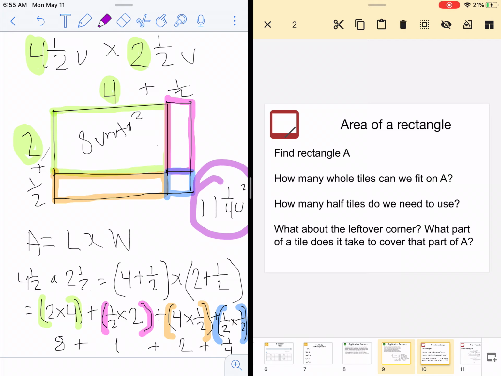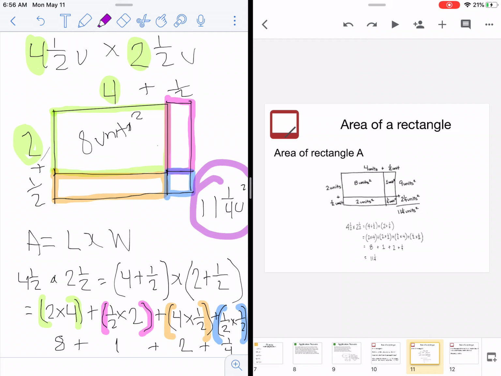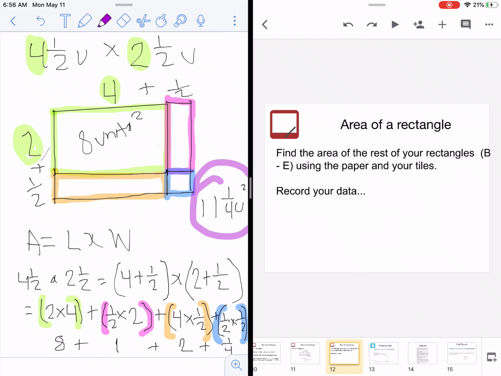So let's do another one. Let's see what they did here. There we go, same thing. So we have 8 units squared, 2 units squared, 1 unit, and 1/4 units, which all gives us a grand total of 11 and 1/4 units squared.